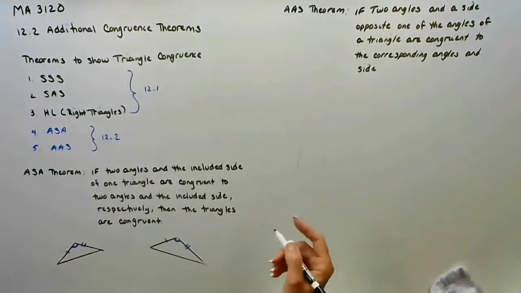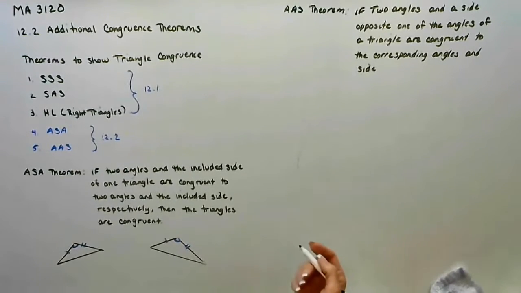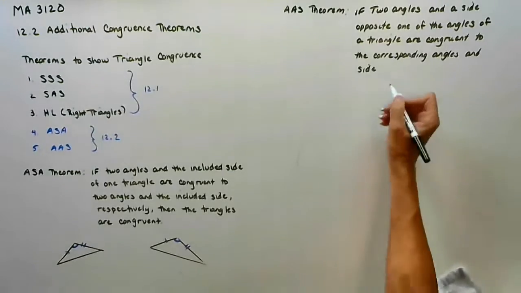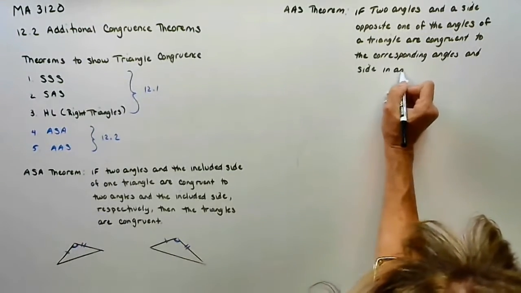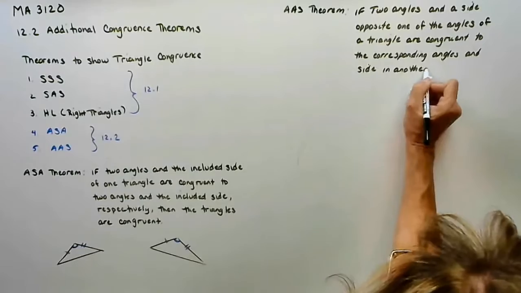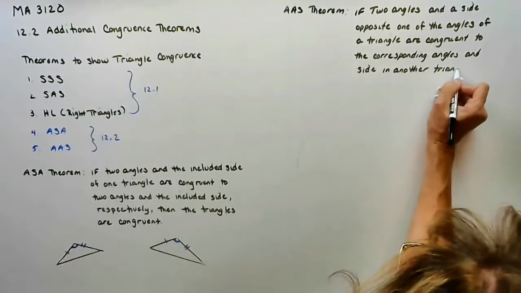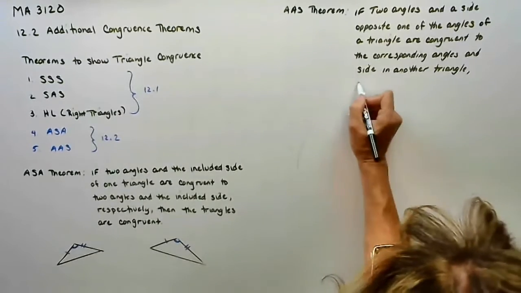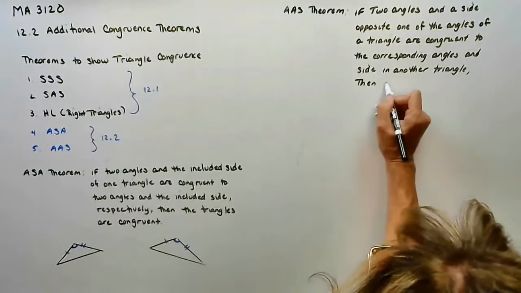Of course, we're talking about the side opposite one of those angles. Then the triangles are congruent.